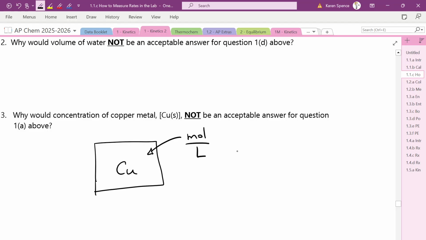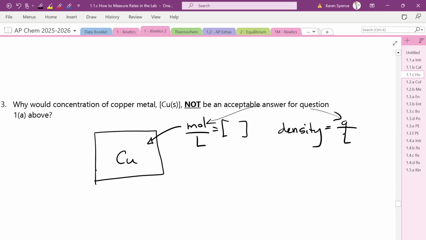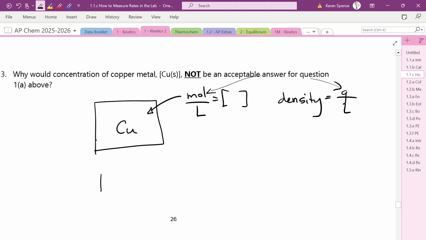And the density is grams per liter, yeah? Okay. And you can interconvert these, yes? Okay. So if I have a smaller piece of copper, or actually I'm going to do aluminum because I know the density of aluminum, and I won't have to make it up.